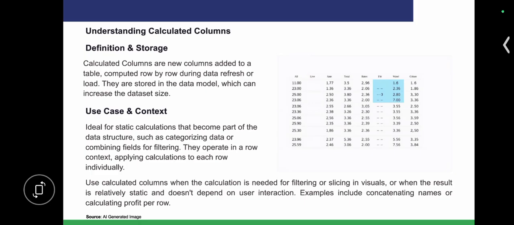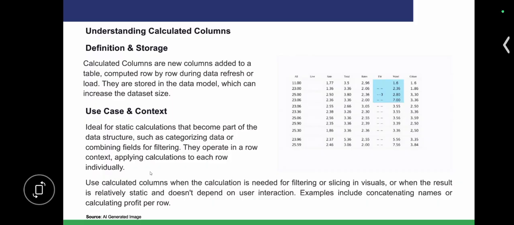So this is for simple calculations, and it is ideal for static calculations. When you don't need things to be dynamic and you want to perform a simple calculation, like calculating the percentage or profit and loss, that time you are going to use calculated columns.